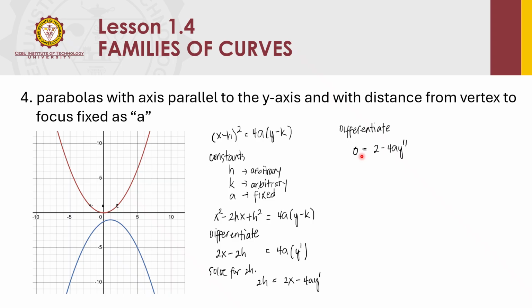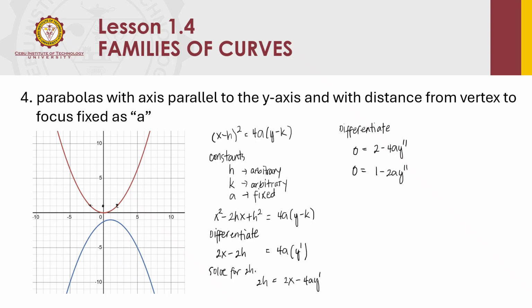So this is the final differential equation. But of course, for the final answer, we must simplify the equation and arrange the terms. So we'll divide the whole equation by 2. That makes it 1 minus 2a y double prime.